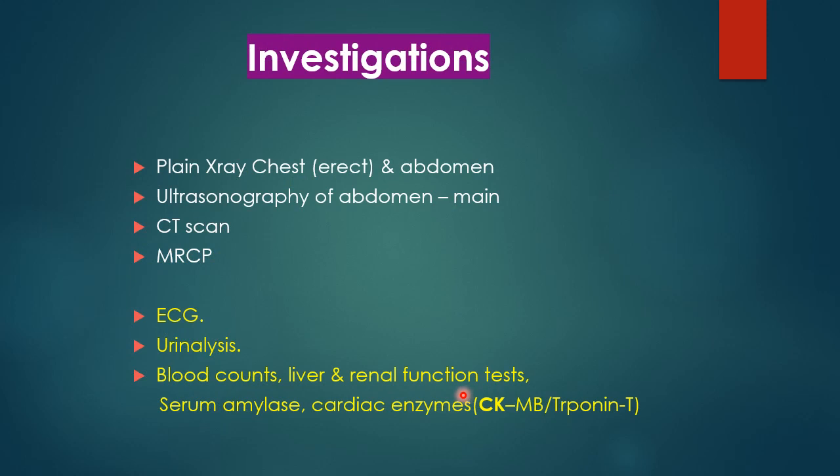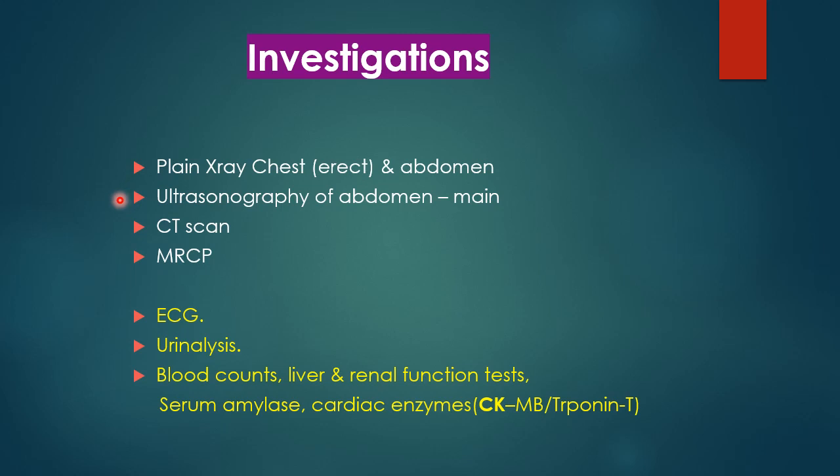Okay. What are the investigations that must be done for acute cholecystitis? Plain X-ray abdomen, I already talked about it: erect chest X-ray and abdominal X-ray. Ultrasonography of the abdomen is the main and preliminary investigation.